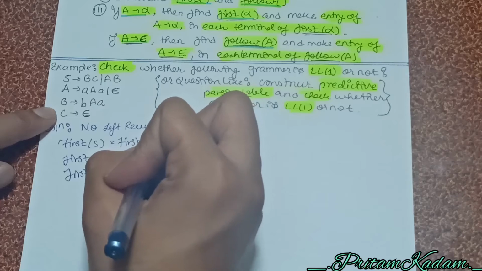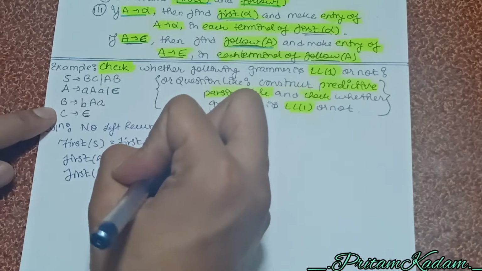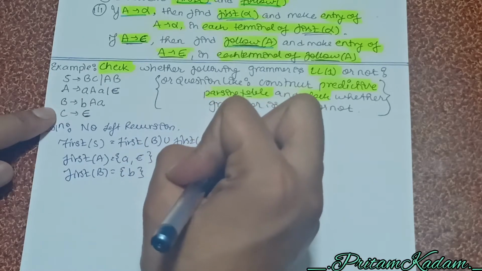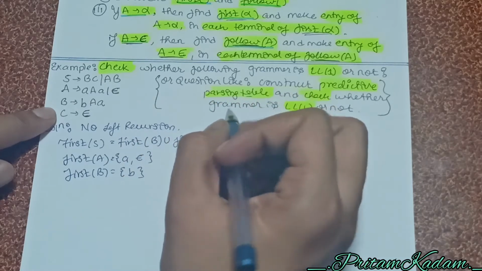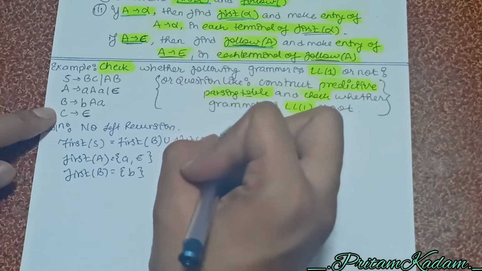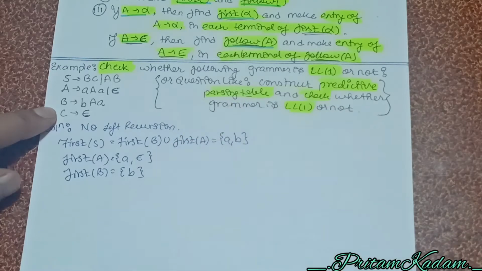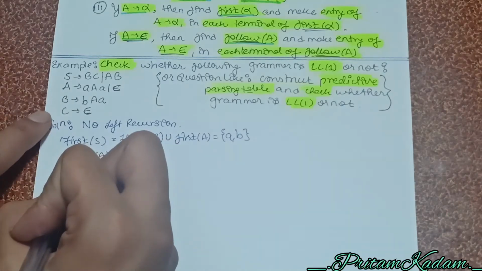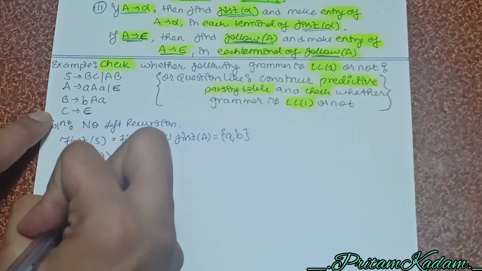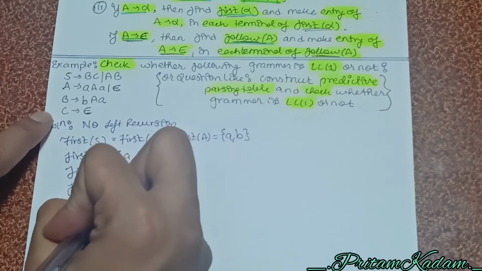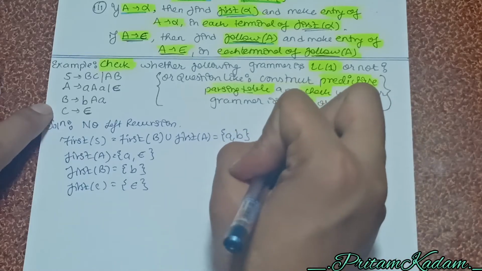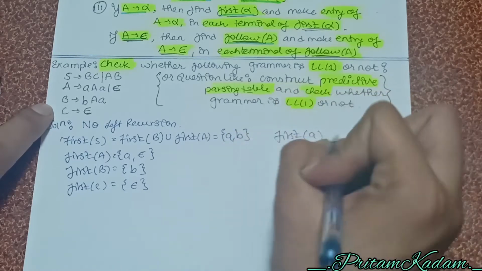So first of S is first of B union first of A, which is a, b and epsilon. Okay, so let us write it down, and we will go for the C part. So first of C is epsilon itself. Okay, so let us write that down. So first of C equals epsilon.